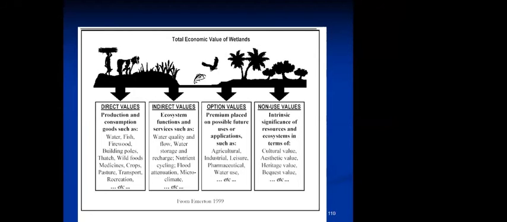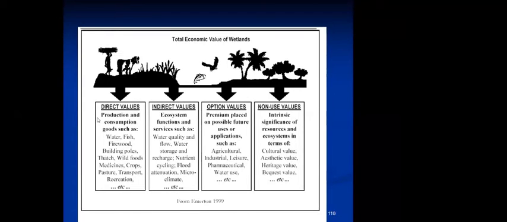So to make it very clear, what are the direct values, one needs to pinpoint. What are the indirect values, we need to address quantitatively. And what are the optional values, and what are the non-use values. Some people may give it in another way also, tangible benefits and intangible benefits, that is, those to which we can or cannot give monetary value.